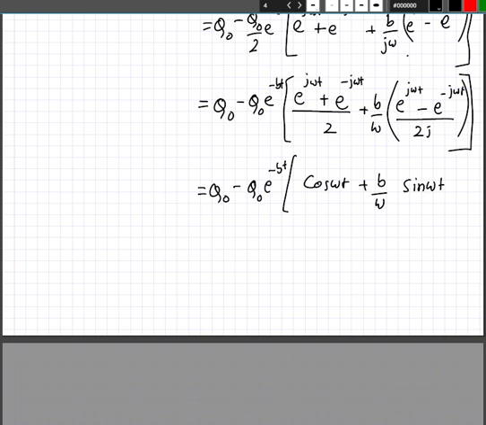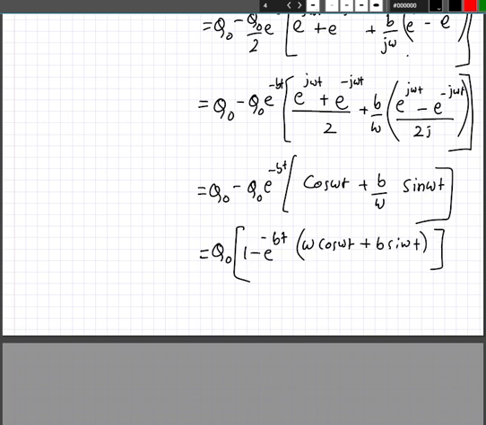Omega stays with cos. Or in other words, you can see it in the book, take the q naught common and write 1 minus e to the power minus bt into omega cos omega t plus b sine omega t divided by omega.